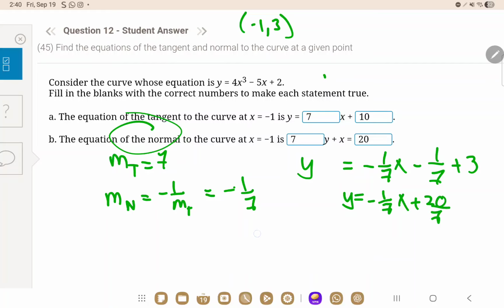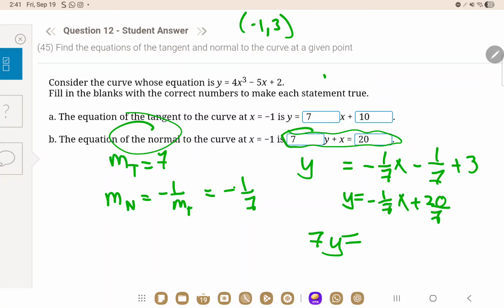Now, whatever we're going to do onwards is basically just making the equation look like this. They want us to multiply by a number that makes the denominators 1. To do that, you just multiply y by 7, and you need to multiply everything on that side by 7.